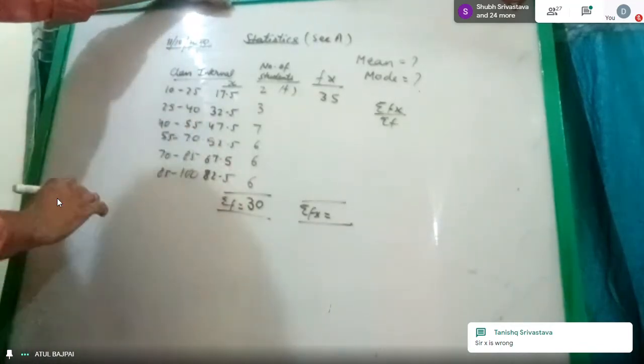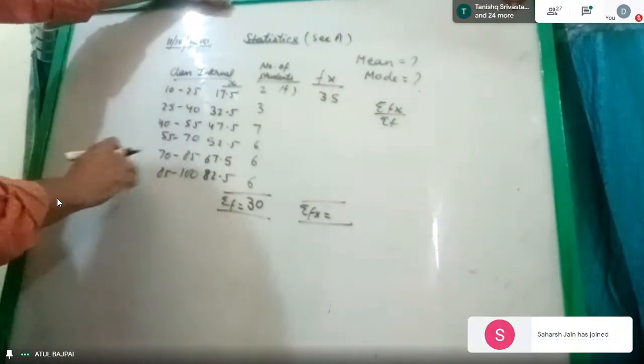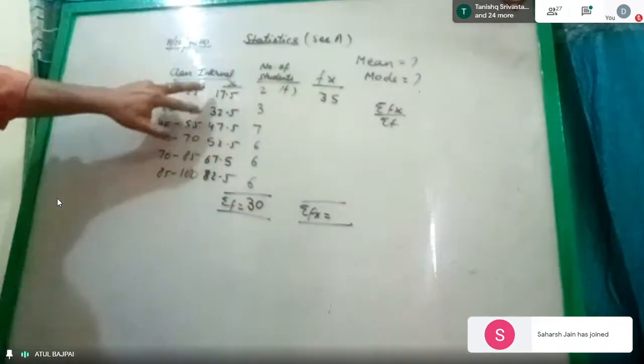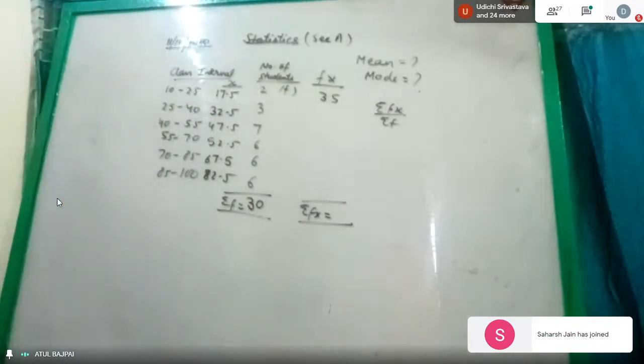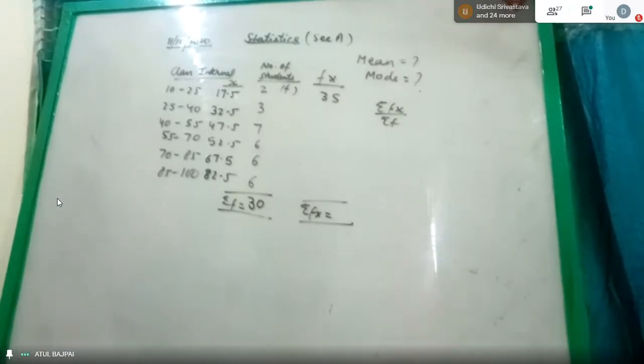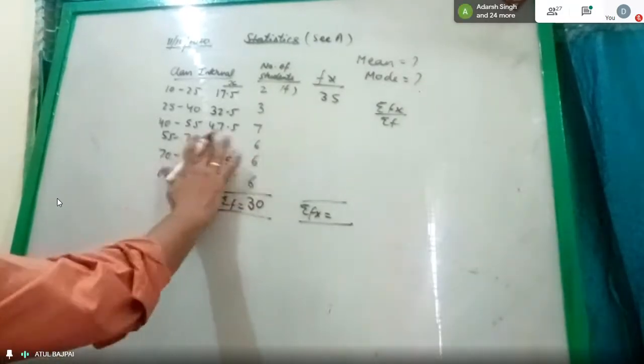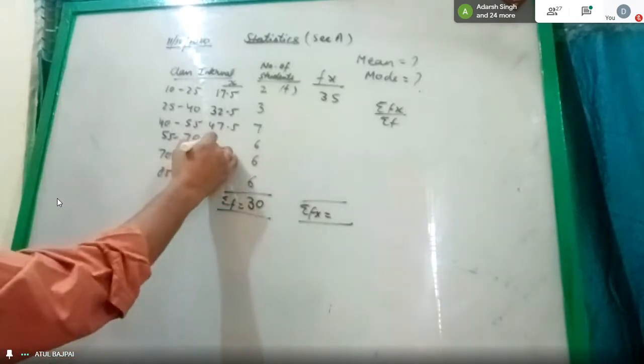Sir, there will be 62.5, not 52.5. Yes, it is. Differences of what? 15. It is wrong. 62.5, then 125.